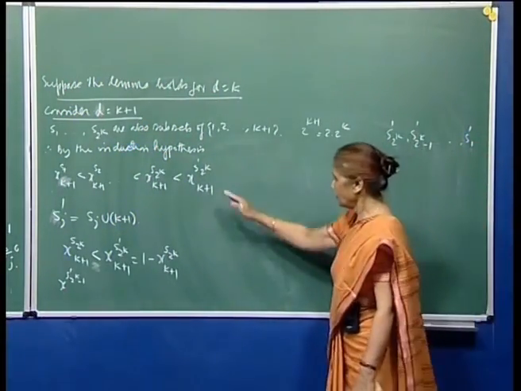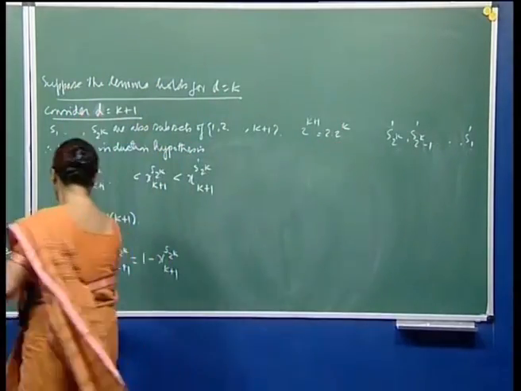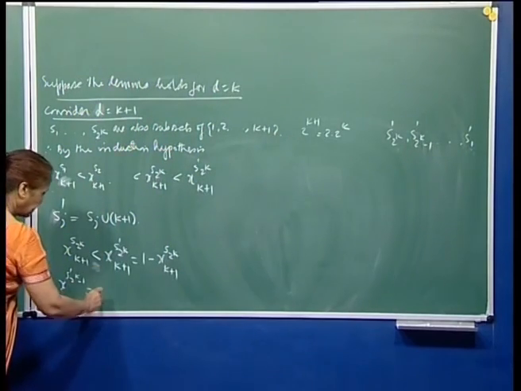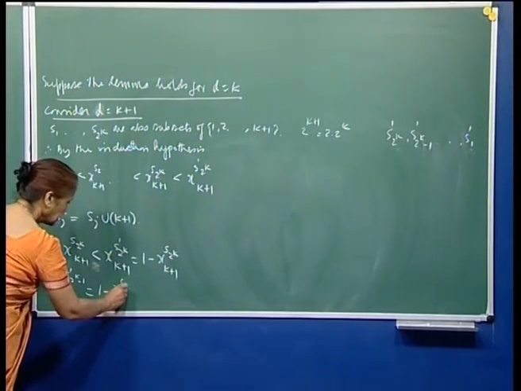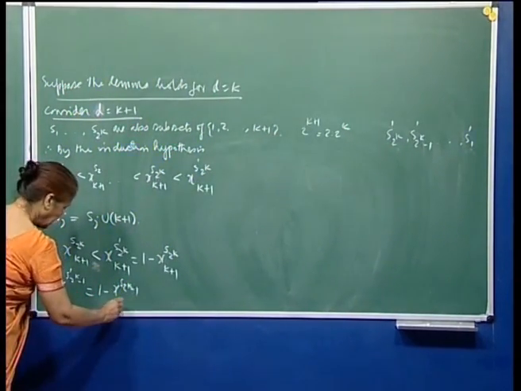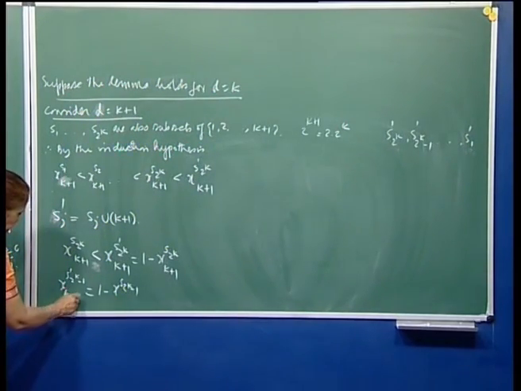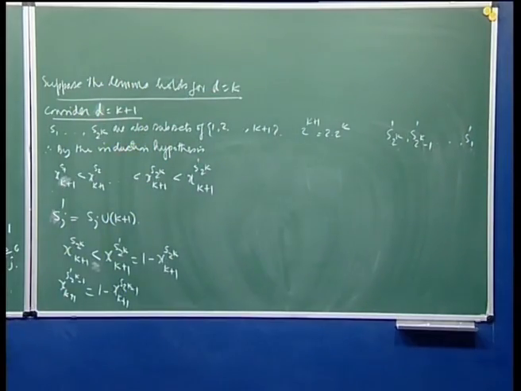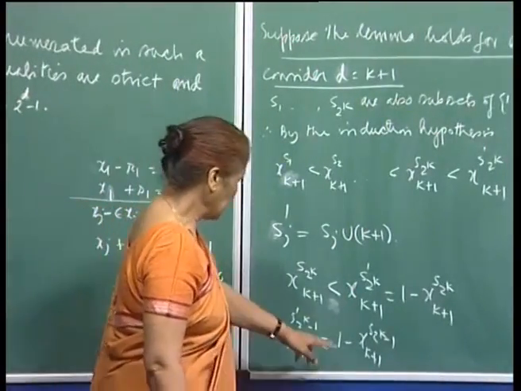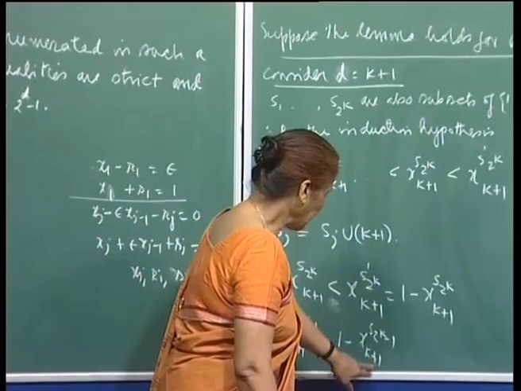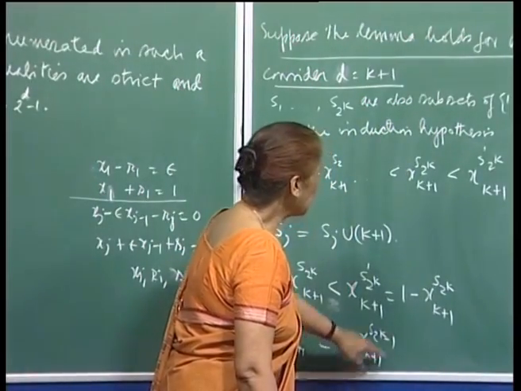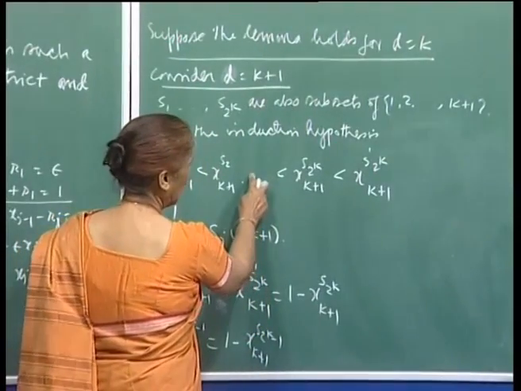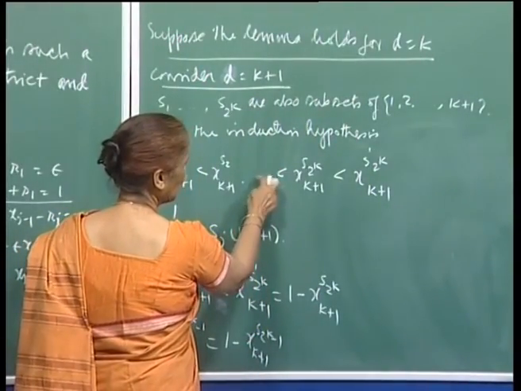So, now if you look at x s prime 2 raised to k minus 1, then this will be equal to, by the same thing what we have done, x s 2 raised to k minus 1 k plus 1. You just need to go slowly through the proof again and then you will follow it. Now, this is 2 raised to k minus 1 k plus 1, which is less than this by this ordering.